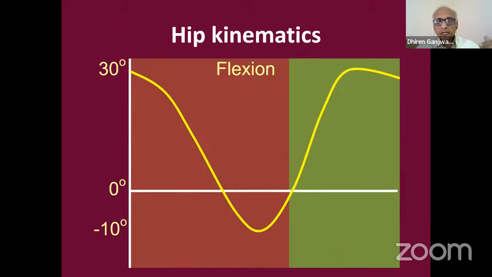So if we look at the hip kinematics, there is only a single curve. It starts with the flexion, and then it goes towards 10 degrees of hip extension. And again, in the later part of the gait cycle, the hip is flexing.